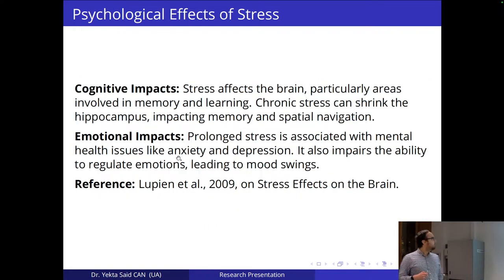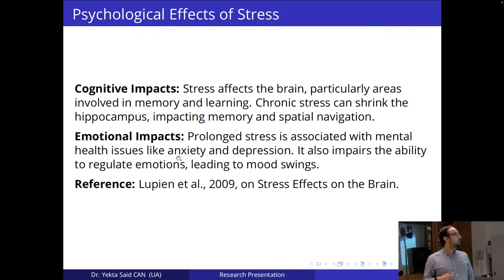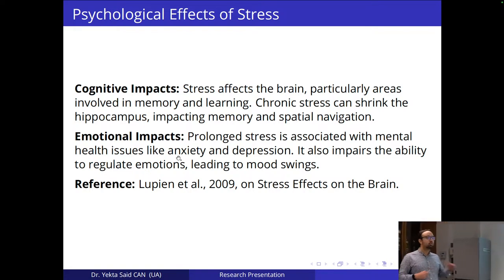It also has negative cognitive and emotional effects. For example, it affects the brain, especially the memory and learning parts. Chronic stress can shrink the hippocampus and impact memory and spatial navigation. It also causes anxiety and depression, and it impairs the ability to regulate emotions, leading to mood swings.